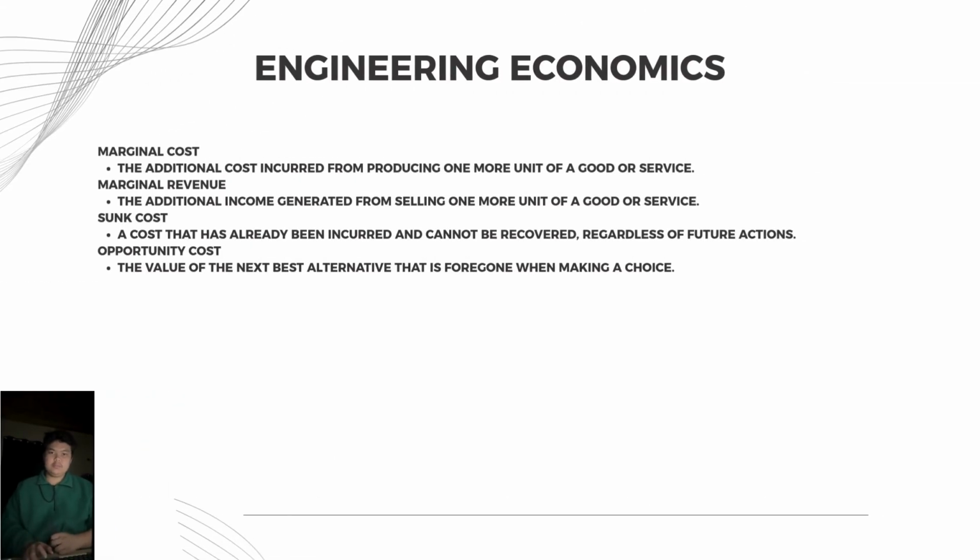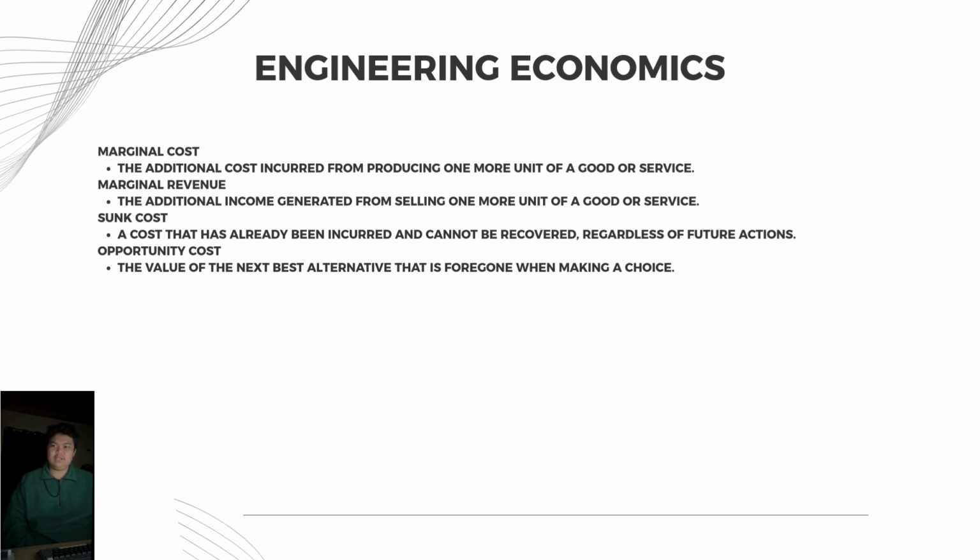The other types of costs or revenues are marginal cost, marginal revenue, sunk cost, and opportunity cost. Marginal cost is the additional cost incurred from producing one more unit of a good or service.